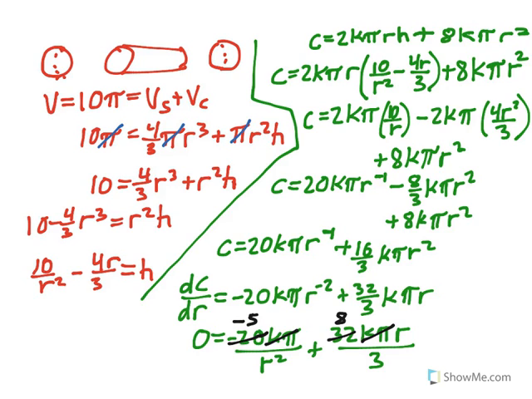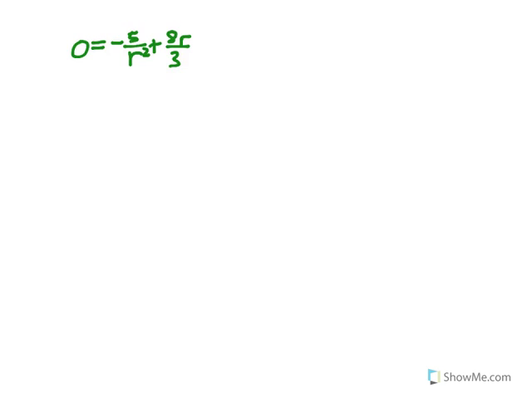Let's move to the next slide, though, to give ourselves some space. Okay, there's our new formula, and if we multiply everything through by 3r squared, we still have a 0 on this side, and this will give us negative 15 plus 8r cubed. Okay, now it's just a little bit of simple algebra.